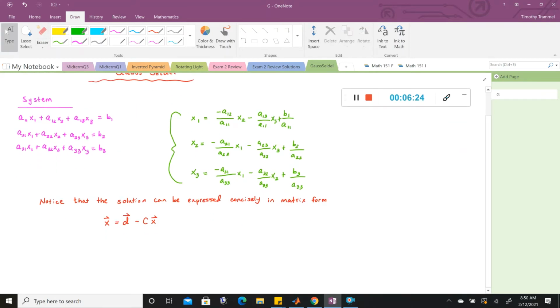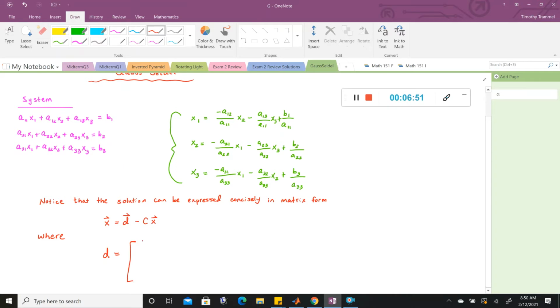So that part in green there can be represented like this, but the question is, what is D, what is C, and let's see what those are. D is equal to your B vector after you've divided by A11, A22, A33.